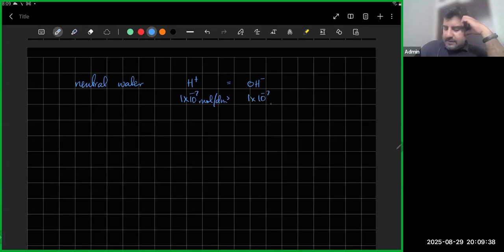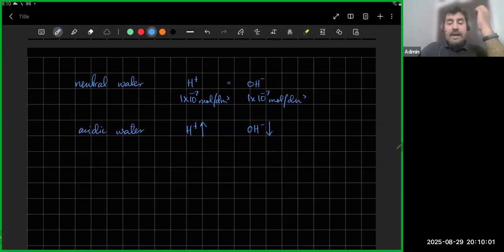The second type is that your water could be acidic, which basically means you've added an acid to water. In that case, the H plus 1 concentration is going to be higher, and your OH minus ion concentration is going to be a lot lower.